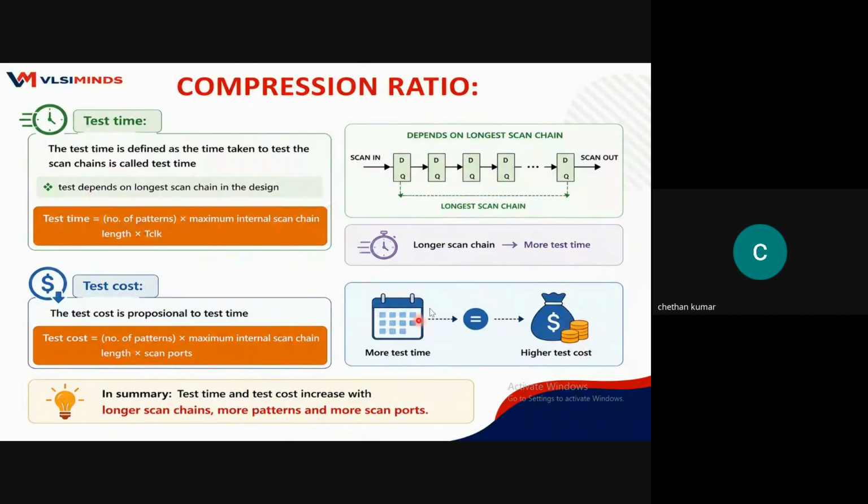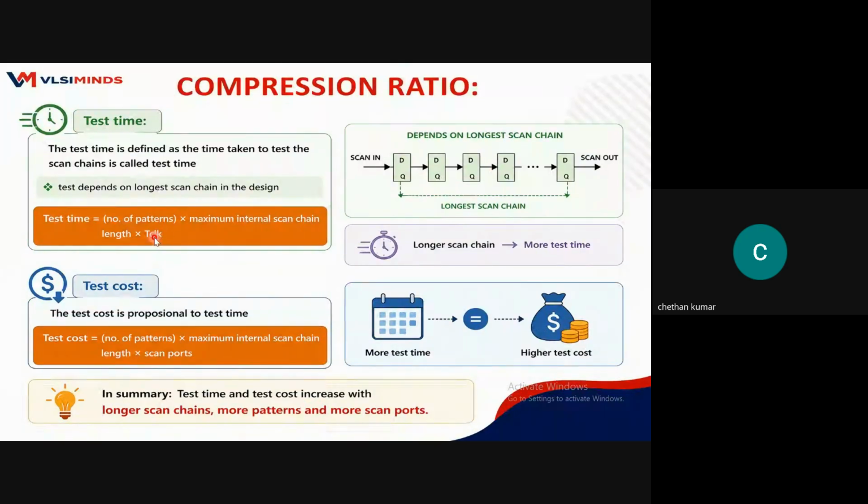Test time depends on the number of patterns and the maximum internal chain length, that is, the longest chain length. As I told, out of 10 flip-flops, if you connect 3, 3, and 4, the 4 is the longest scan chain length. That will be taken.